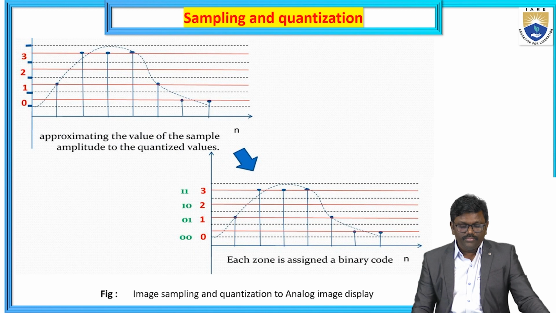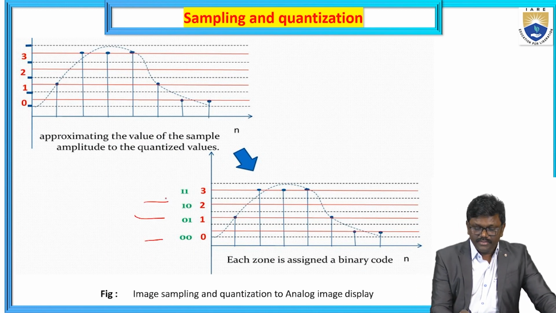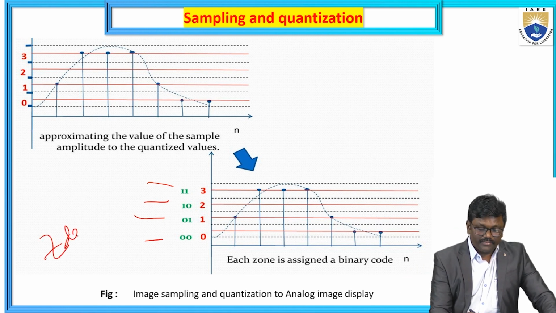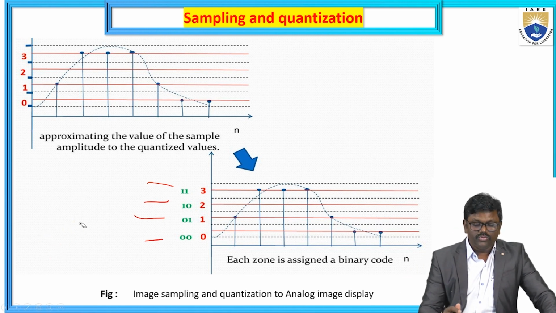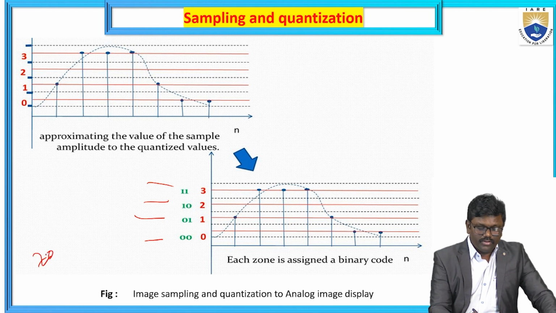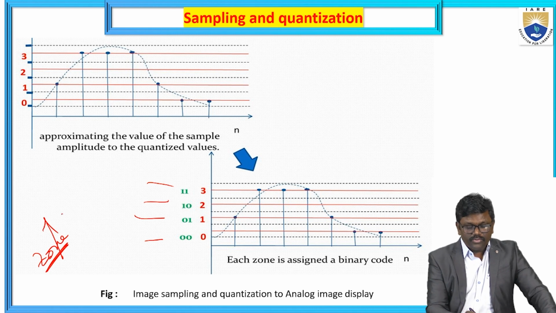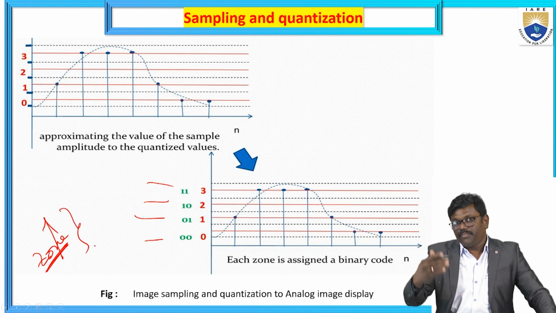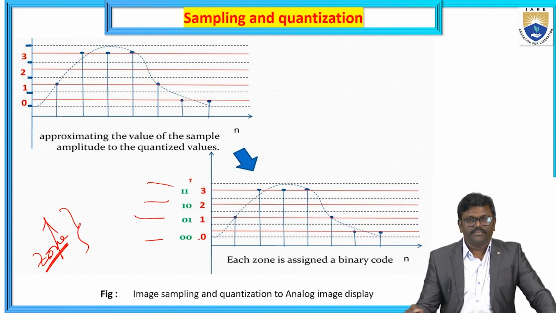Okay. So now once you understood that in terms of binary, it depends upon your zone defined. Your zone of the amplitude signal is defined according to this. Your number of options, that means number of possibilities, are 0 to 3.